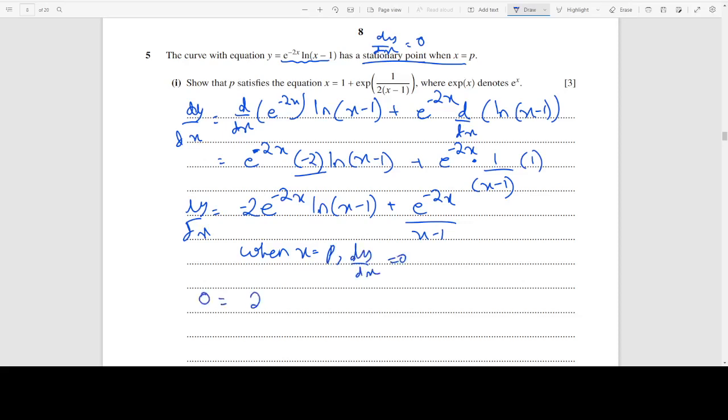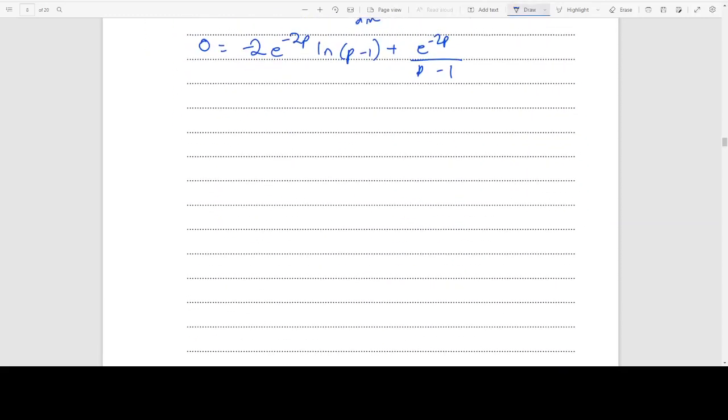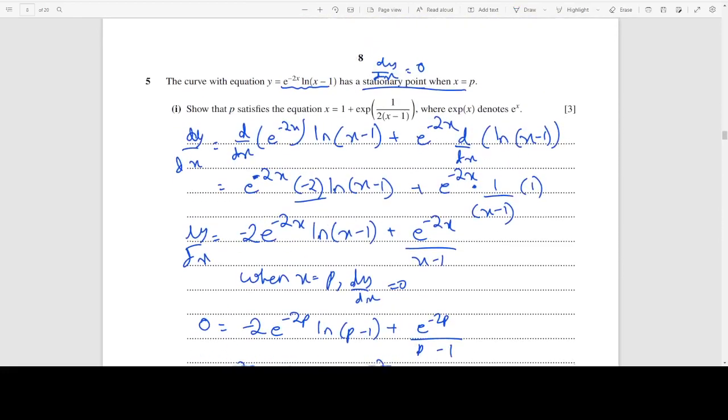So 0 equals minus 2 e raised to minus 2p into ln p minus 1, plus e raised to minus 2p upon p minus 1. So 2 e raised to minus 2p ln p minus 1 is equal to e raised to minus 2p divided by p minus 1.